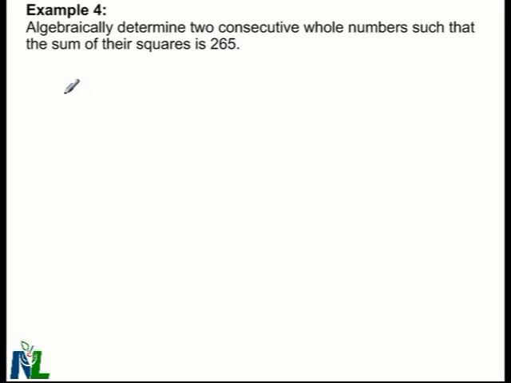So when I'm thinking about consecutive numbers, I first want to define what my starting point is going to be. My starting point here for a number could be n. If I think about a number pattern, like 1, 2, 3, 4, and so on, consecutive numbers means one comes after the other.